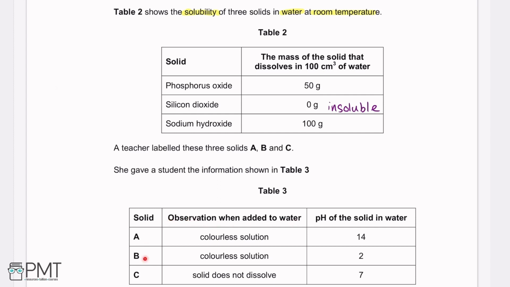We can see that solid A and B make colourless solutions, and in C, the solid does not dissolve. So that's interesting. We said that silicon dioxide was insoluble, so we can say straight away that C is going to be silicon dioxide.